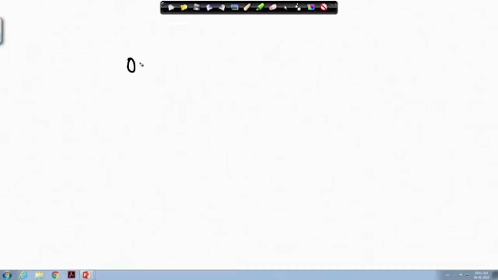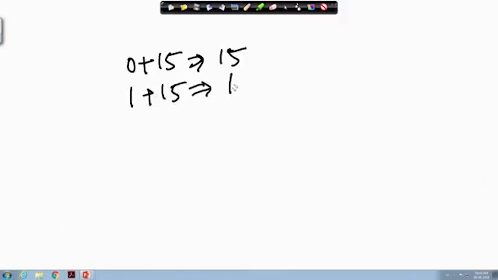How? Initially, 0 plus 15 gives you 15. Then 1 plus 15 gives you 16. 16 in binary representation is 1 0 0 0 0. If I consider only the 4 bits and discard the MSB, this becomes 0.